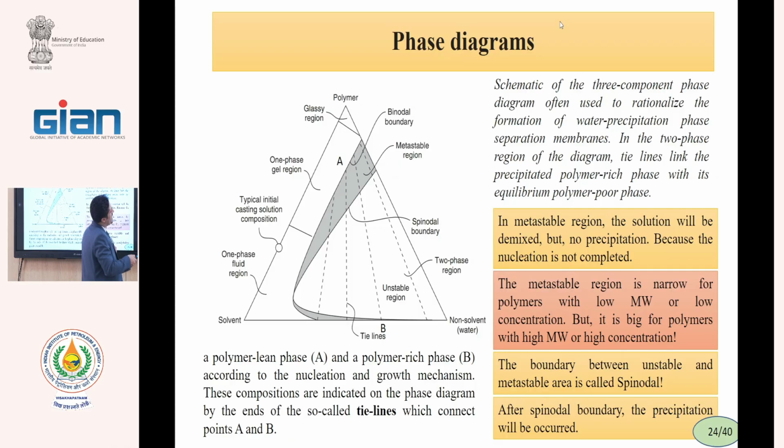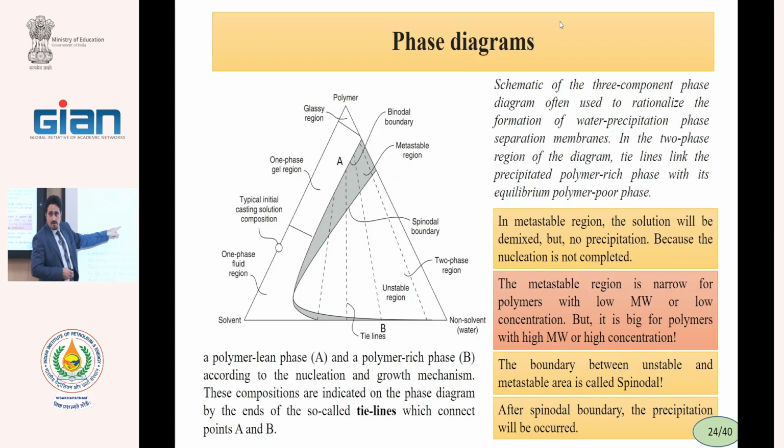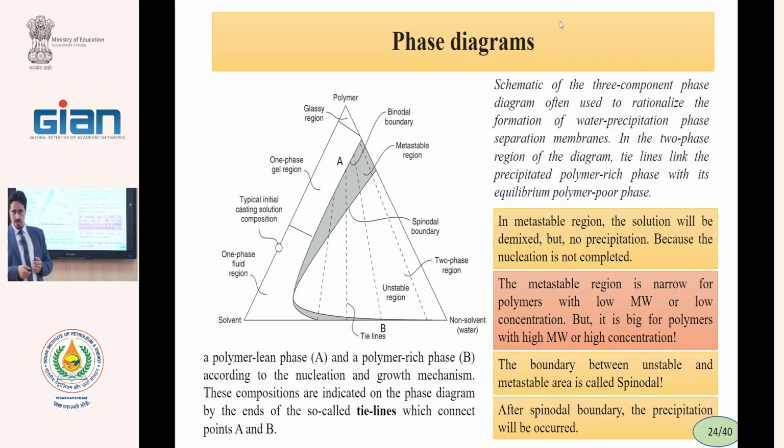This is a metastable area. And you see that this white area can be different. When we have this solution, it goes to the right and reaches this area. When we have this concentration, it reaches this area. That means the whiteness of this area is different. And this metastable region, in most cases, produces the morphology.